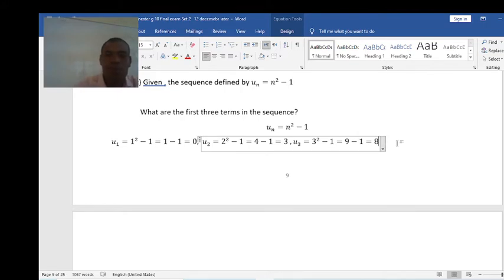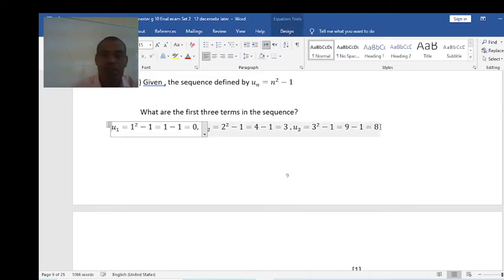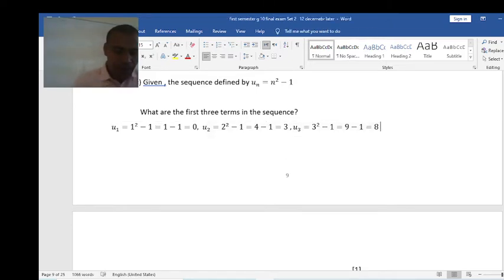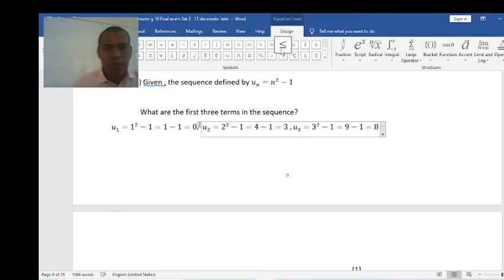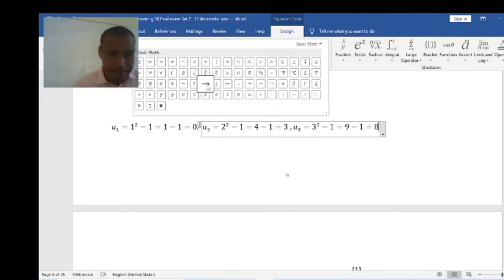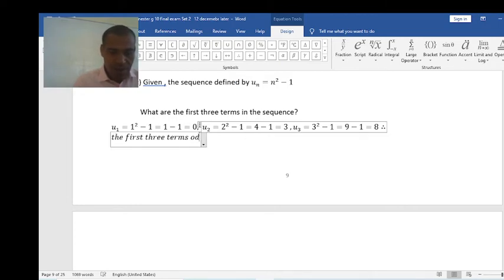So as a conclusion, the first 3 terms. Therefore, the first 3 terms of the sequence: the first term we found is 0.